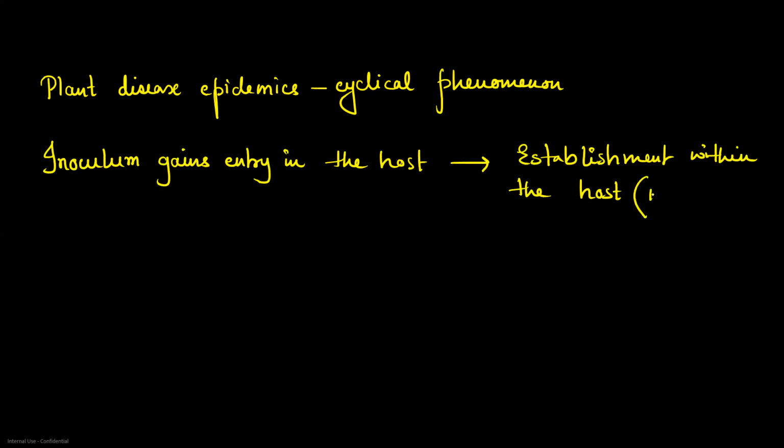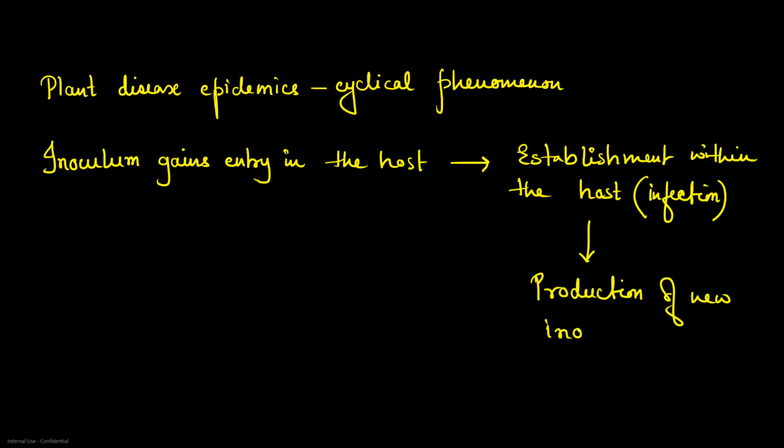This is actually the process of infection. From there, the pathogen develops within the host and eventually begins to produce new inoculum. So here what is happening? Production of new inoculum.